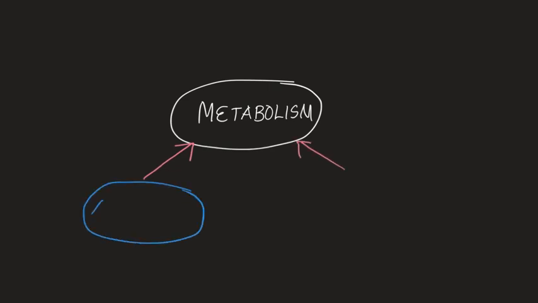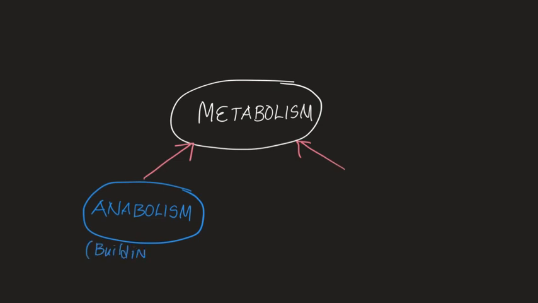When we talk of metabolism, we say high metabolism, meaning you're burning up your calories. But metabolism is actually two types of reactions. We have one set of reactions that are build-up reactions, and we call those anabolic reactions or anabolism.